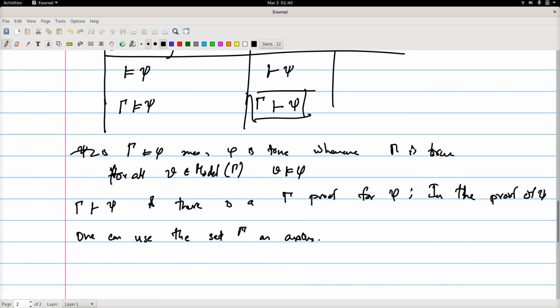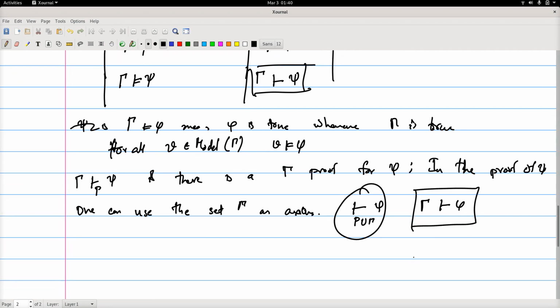The proof system comes with axioms, so under the proof system P union gamma, this is equivalent to just gamma proves C.